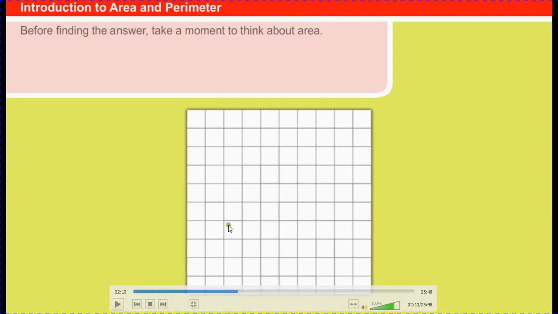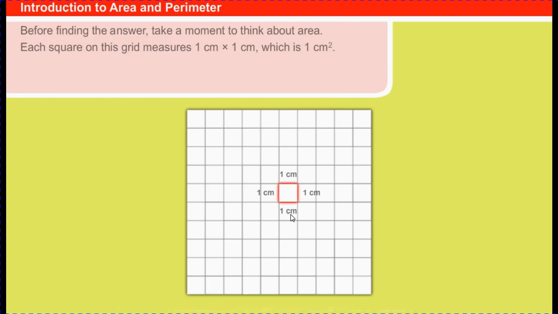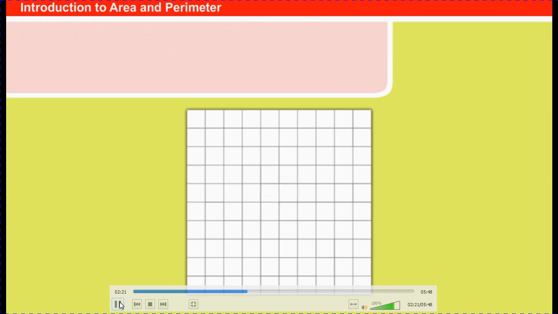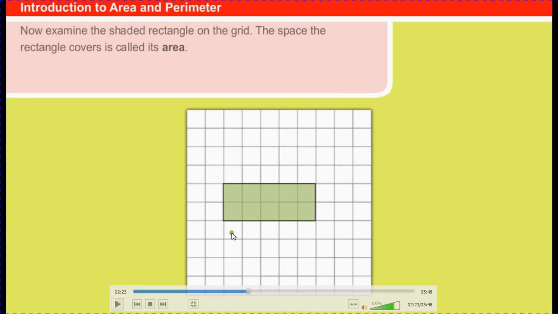If we have squares like this and you want to make a cover of anything, you must count how many squares are inside. Then you must know each small unit, like this small square one by one, is 1 centimeter squared. Then if you want to get the area of this, you will count how many squares. You know that.